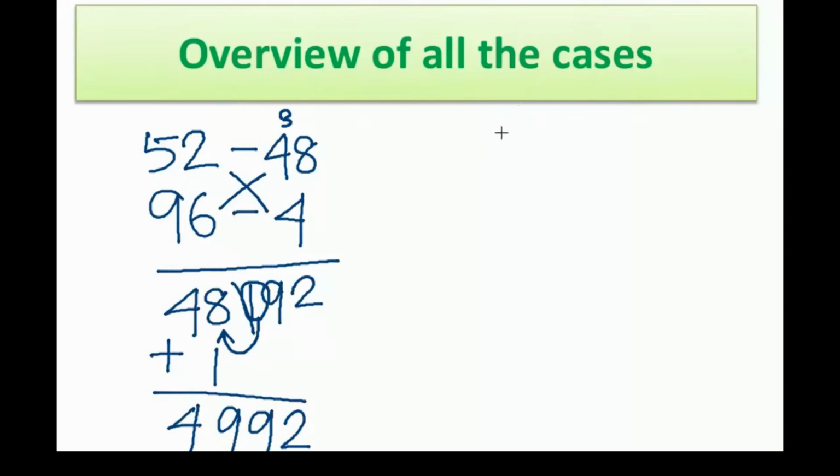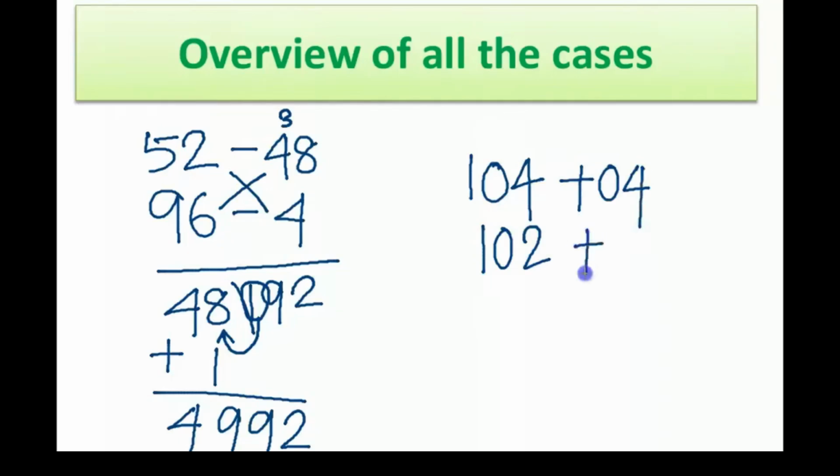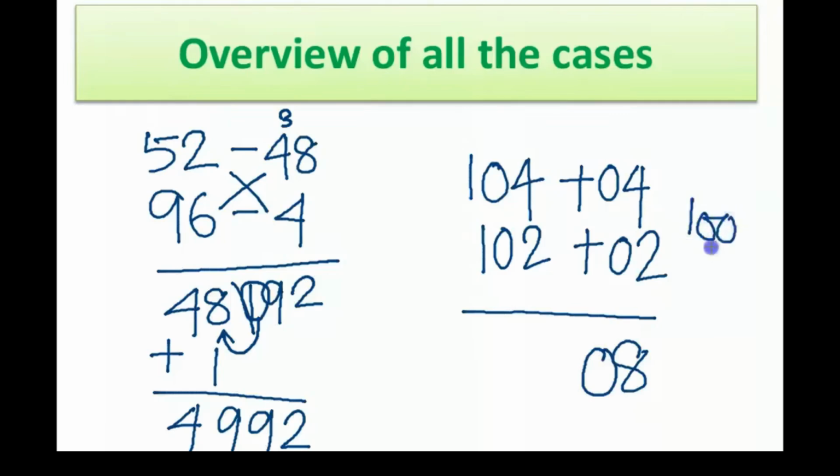And here comes the last case, where when we multiply the right-hand side numbers, it is becoming less than 2 digits. For example, I will take a case of 104 and 102. So this is 4 more and this is 2 more. Again, the same principle applies here. We have to multiply the right-hand side, that is 4 into 2. That gives me 8. But here we'll write 08 because our base 100 has 2 zeros. That means on the right side I always want 2 digits.